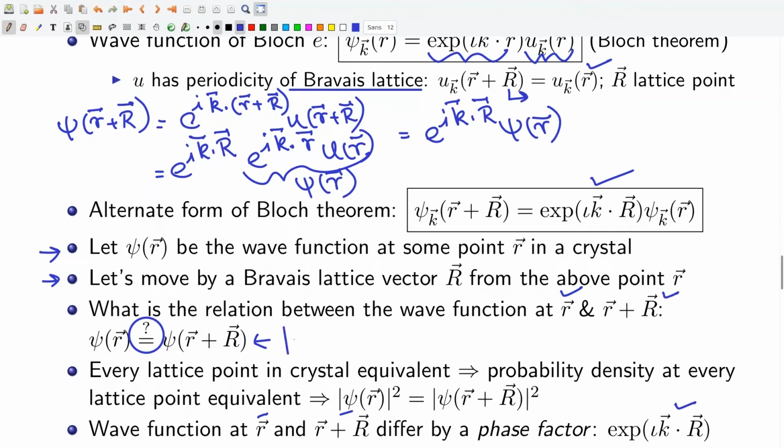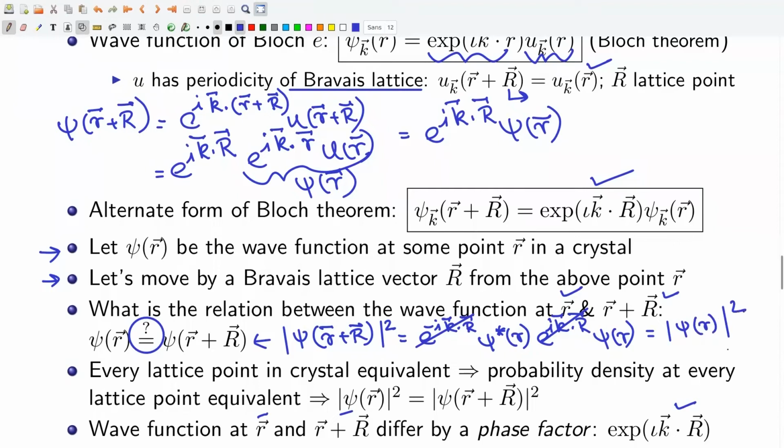However, if you try to calculate the mod square, this is equal to e power minus i k dot R psi star of r, e power i k dot R psi of r, and this term cancels out, and we can write it as mod psi of r square.